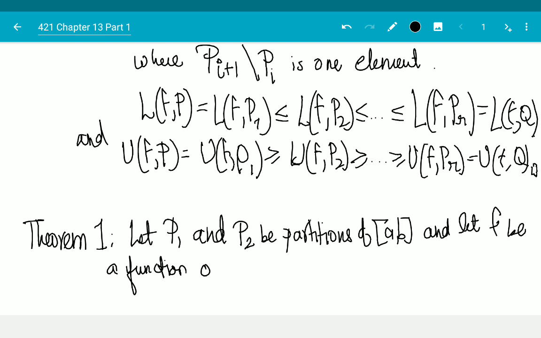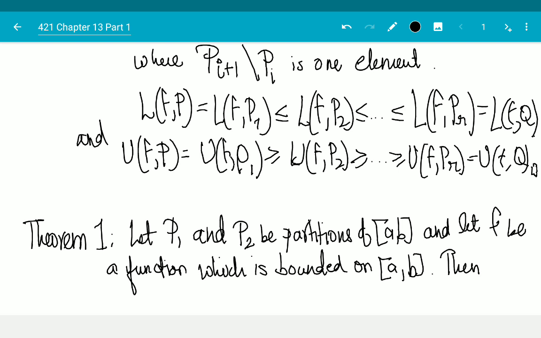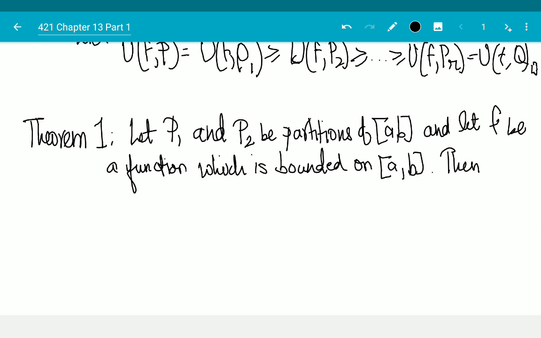Then, if P1 and P2 are such that one does not contain the other, I can't directly compare L(f,P1) and L(f,P2), but I can compare L(f,P1) is smaller than or equal to U(f,P2).